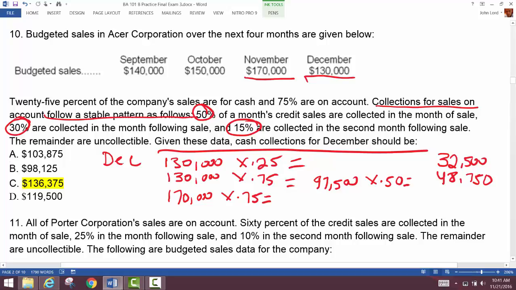So 170,000 times 0.75 gives us 127,500. And that's for November, and in December we'll collect how much of that? We get 30% in the month after the sale, don't we? So 127,500 times 0.3 gives me 38,250. Good.